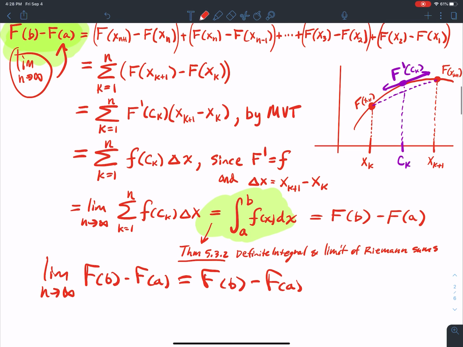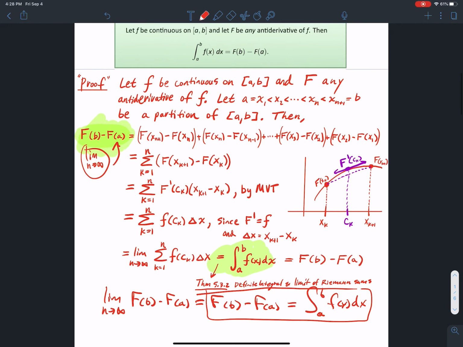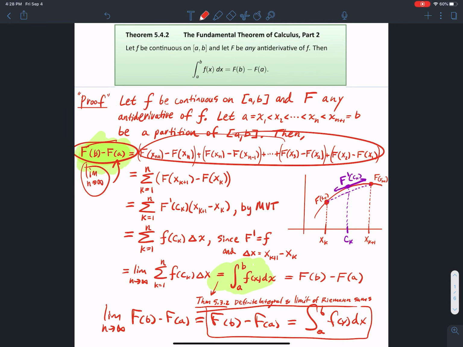It's just taking the limit of a constant, right? And so this is equal to the integral from a to b of f of x dx, all right? So we have just proved through limits and the mean value theorem and a clever way of rewriting F of b minus F of a that the fundamental theorem of calculus part 2 is actually true.